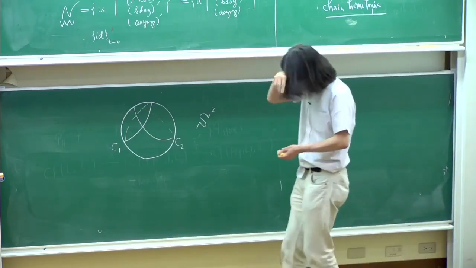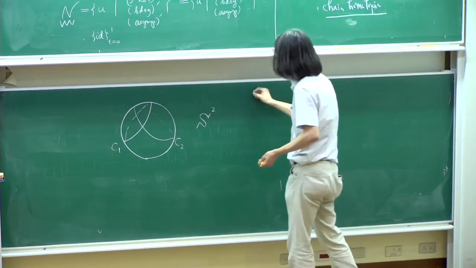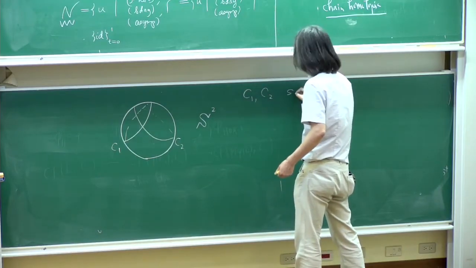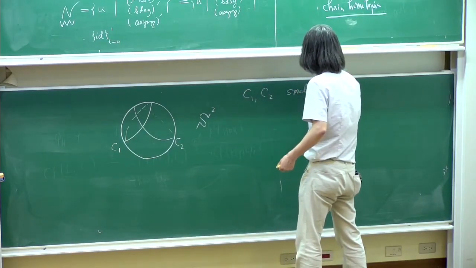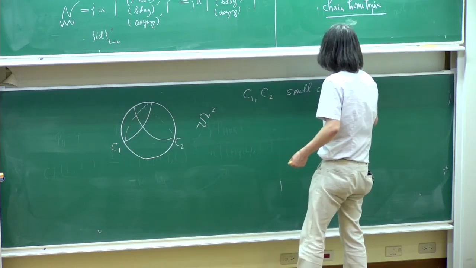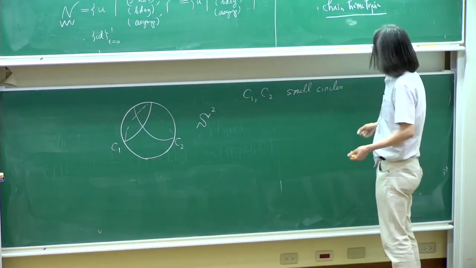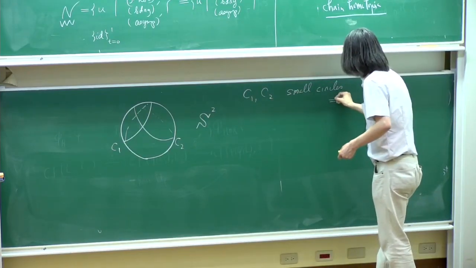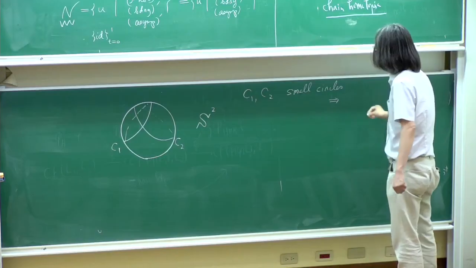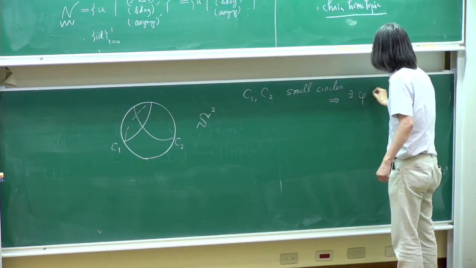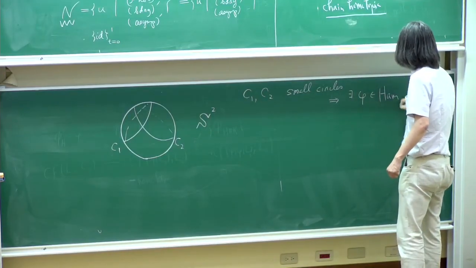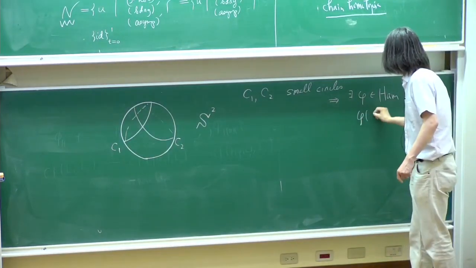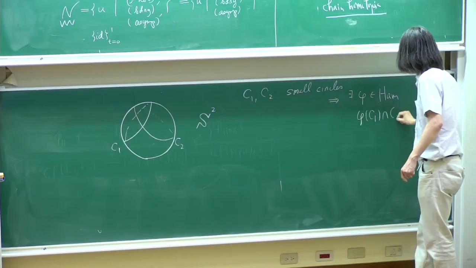If C1 and C2 are small circles, then maybe either C1 or C2 is enough. Actually there is a Hamiltonian diffeomorphism, or area preserving diffeomorphism, so that C1, C2 are disjoint.